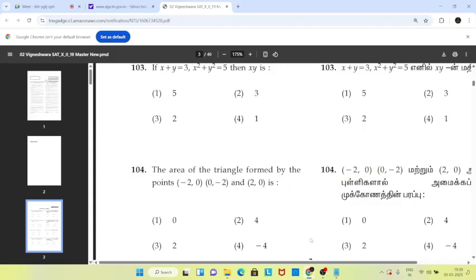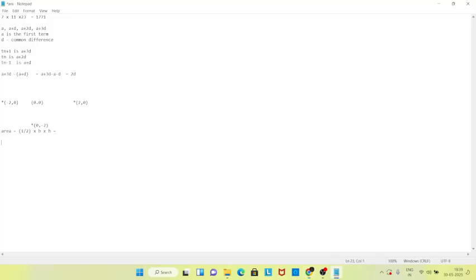Okay, there is one more method. I don't know whether you know this formula. I'm just going to write it. S minus A into S minus B. Do you remember this? Heron's formula, sir. I don't know the name of the formula.